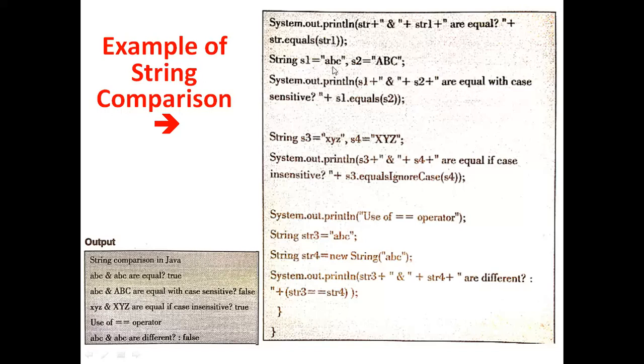And again, by using S1.equals(S2), I have compared both the strings, which is case sensitive. As both the strings are not equal, one is capital ABC and another is small abc, and Java is a case sensitive language, both the strings are different, and hence the output is false, which you can see in the output console.